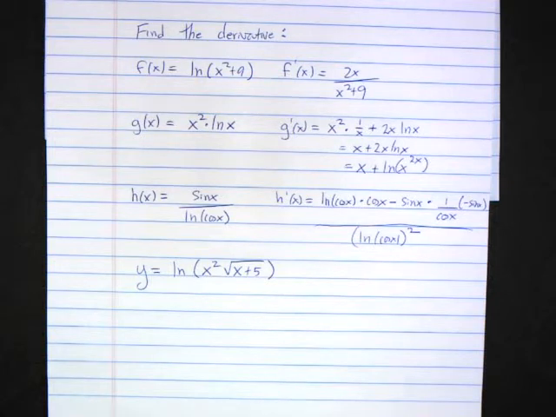Use substitution? Substitution is for integrals, not derivatives. No integrals yet. That's the next section. Okay, 1 over x squared plus 5 times the derivative on the inside. All right, so you're just going right ahead and using the chain rule. That's perfect.